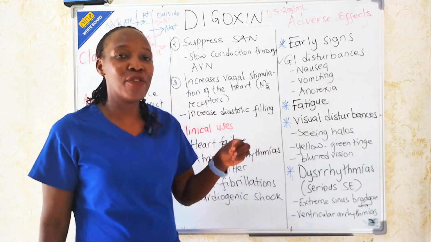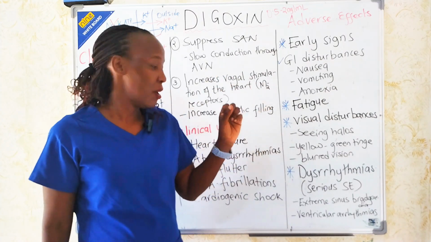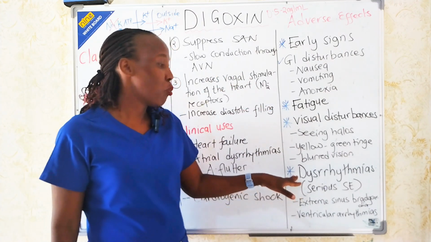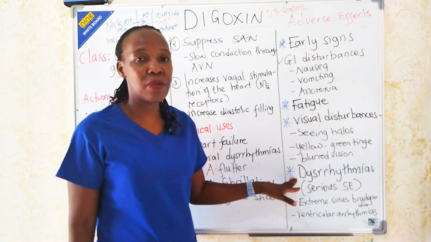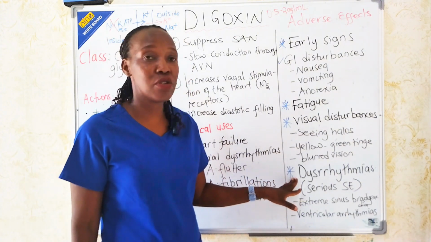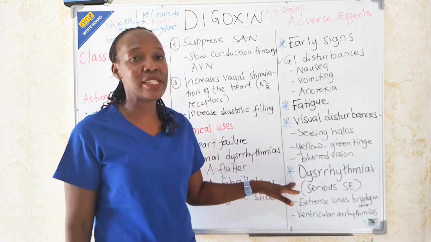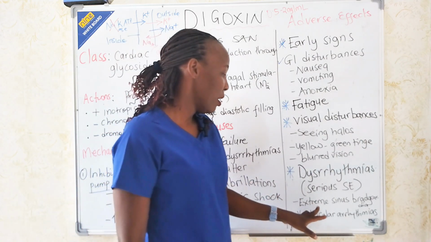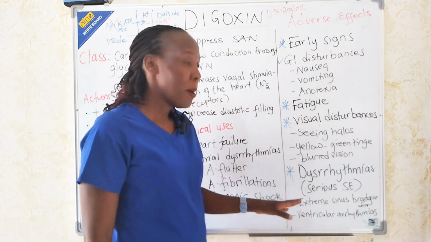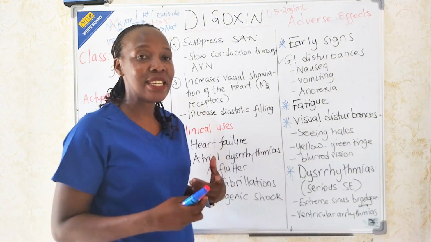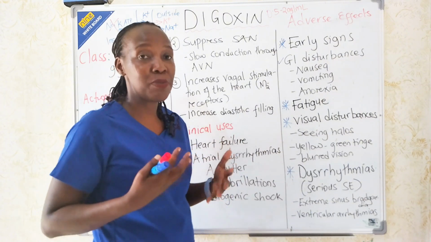Then, as the levels continue to rise way above 2, we might end up with dysrhythmias. And these are really the most serious toxic effects of digoxin. And here we might end up with an extreme sinus bradycardia, but also we might see a rapid response by the ventricles.